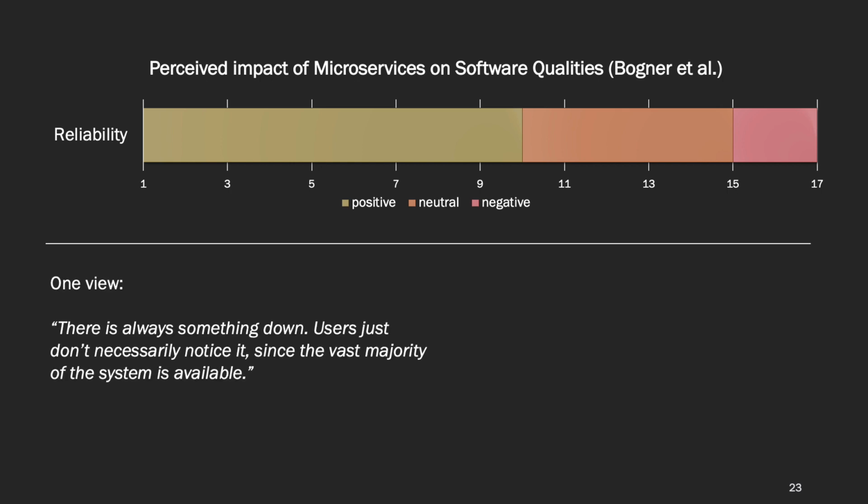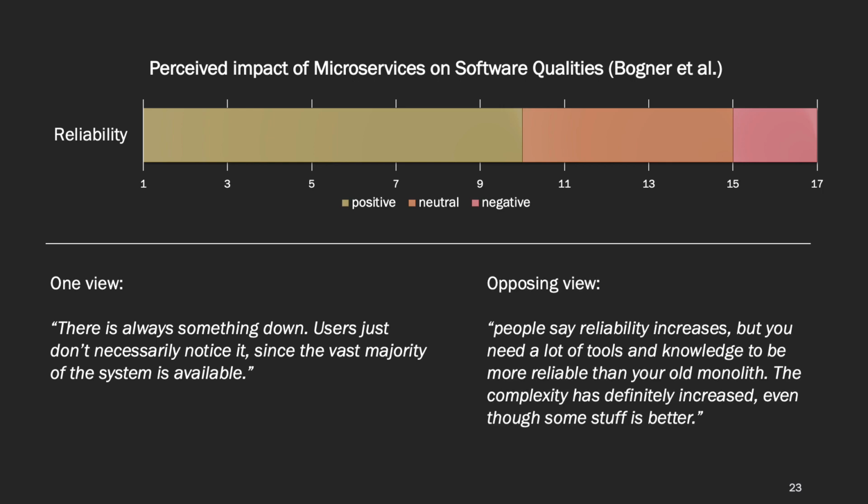One was that with many microservices, there is always something down. Users just don't really necessarily notice it, since the vast majority of the system is still up and running. The opposing view was, however, that people say reliability increases, but you need a lot of tools and knowledge to be more reliable than you were with your old monolith.